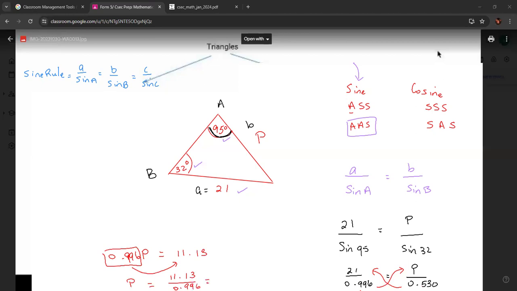And we'll end up with, I got 11.175. So 3 decimal places. Right? So that would be centimeters, meters, whatever units they gave us.